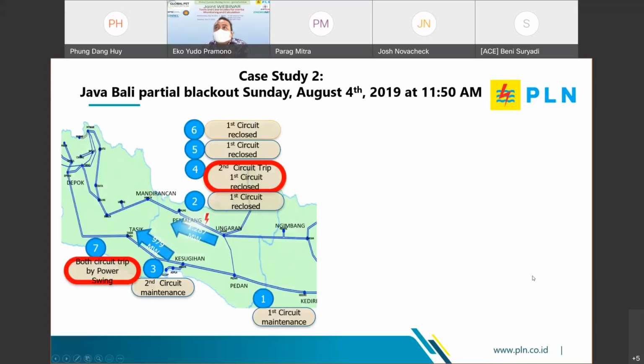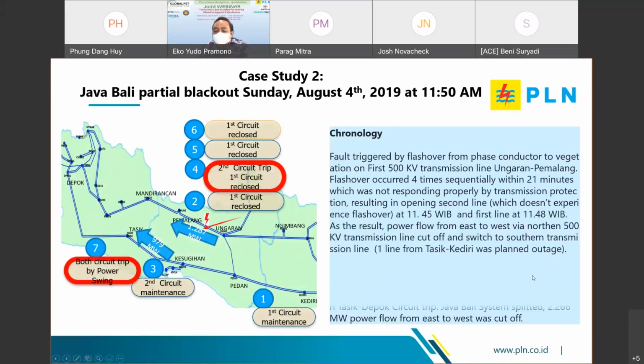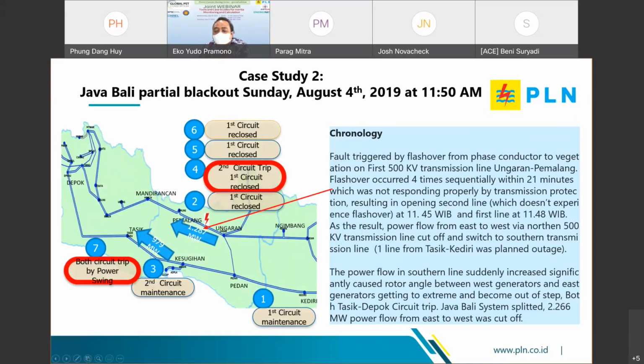Please, next. This is case 2. I will explain the Jawa Bali partial blackout on Sunday, August 4, 2019. Maybe this partial blackout is already famous. This was a big problem, a large disturbance in our system.